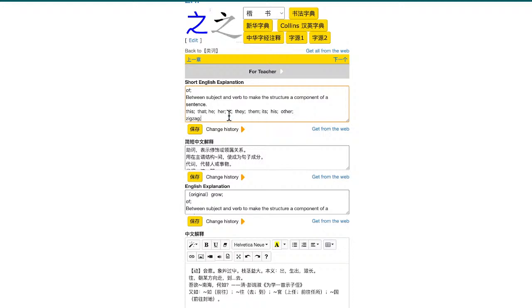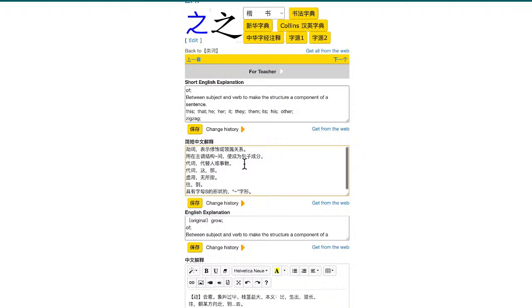And another thing is, it represents zigzag, just like 之字形, zigzag. They say the shape looks like the shape of this character.